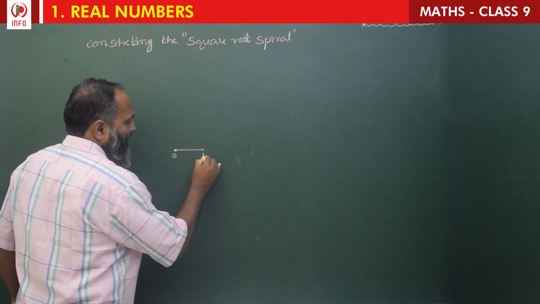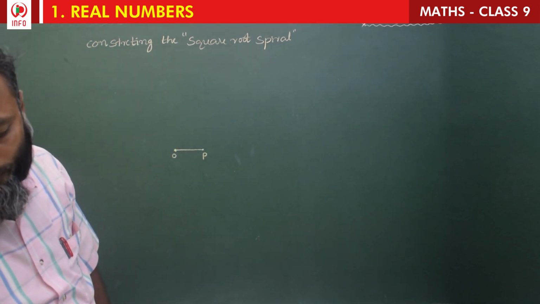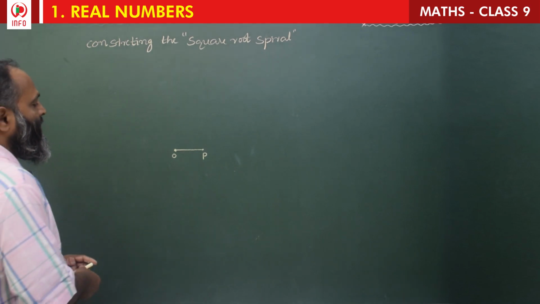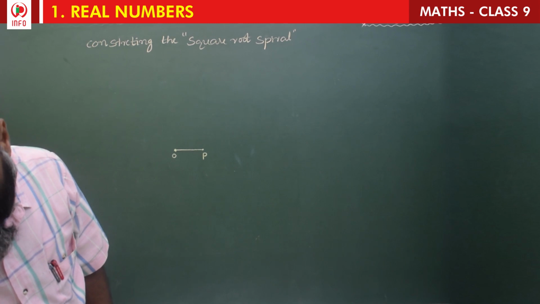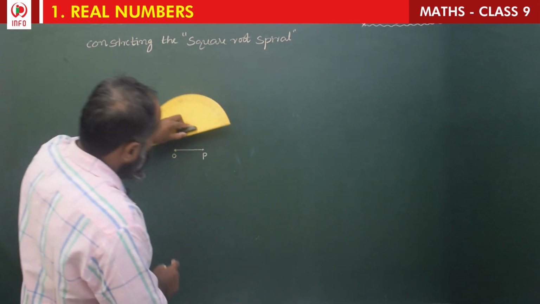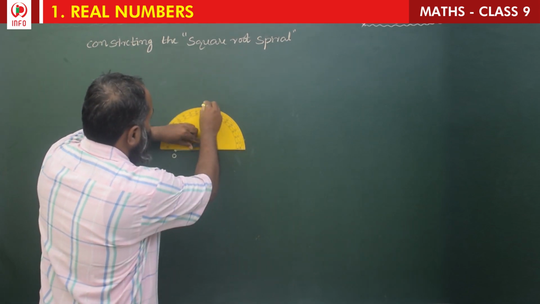OP is 1 centimeter. Again from P we should take one perpendicular line which is at 90 degrees.